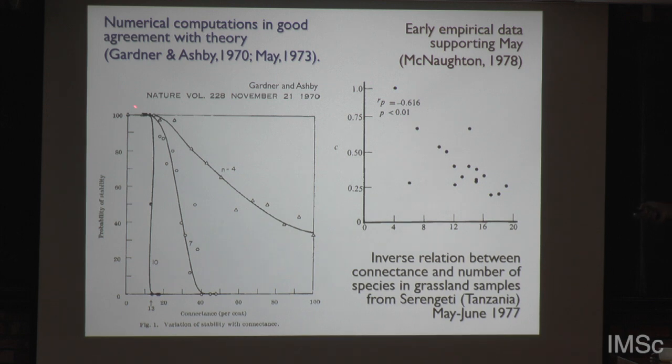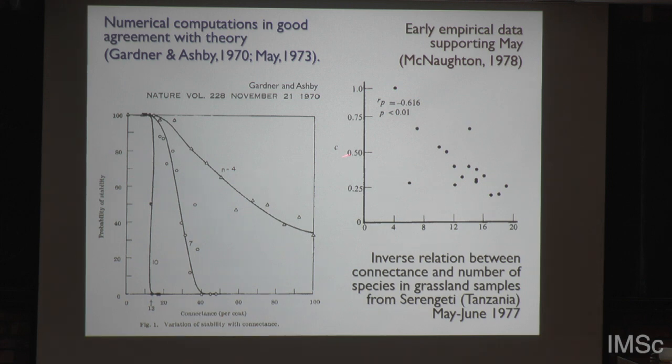This is given in terms of percentage, which is why it goes from 0 to 100, though actually it should be 0 to 1. It sharply decreases as you increase the connection density, and the sharpness of this transition increases as the system size is increased. With bigger system sizes, like with 10 nodes, you would see the probability of stability almost suddenly go from 1 to 0 around a connection probability of 13%.